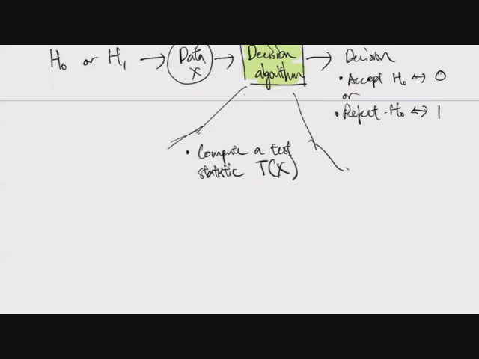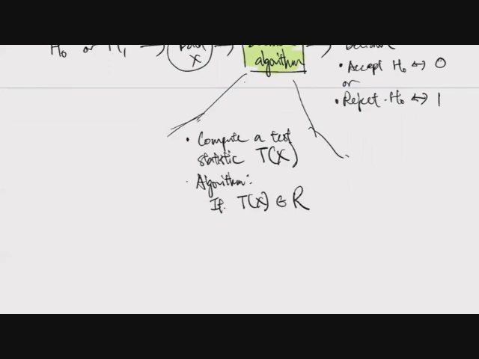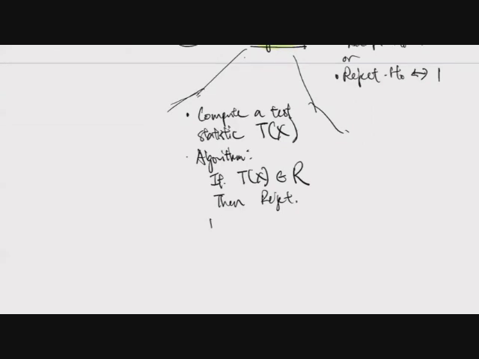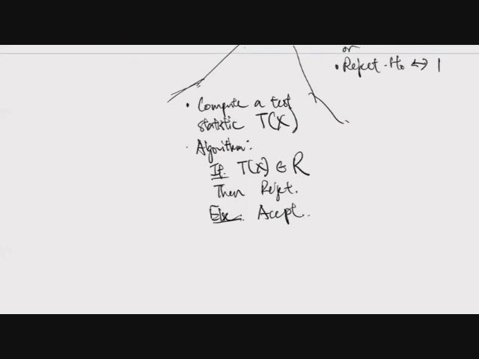And then the decision algorithm is going to be: we see if T of x lies in some reject region, R, then we reject, and otherwise we accept. All right, so this is how this decision algorithm always works.